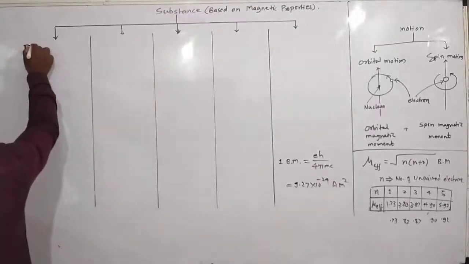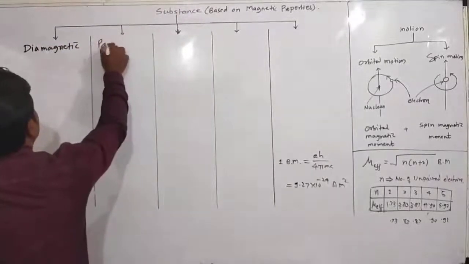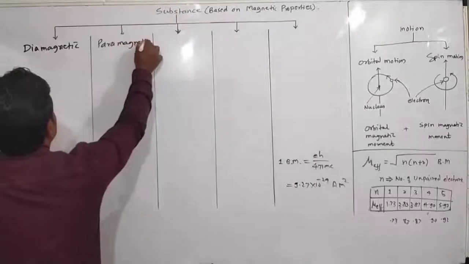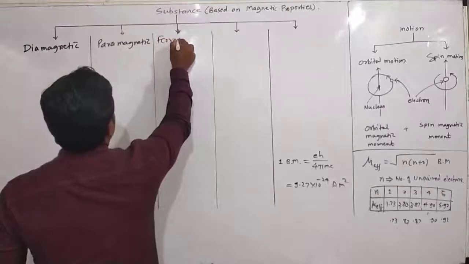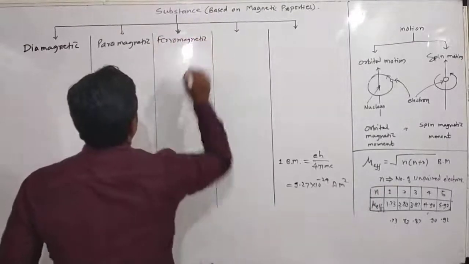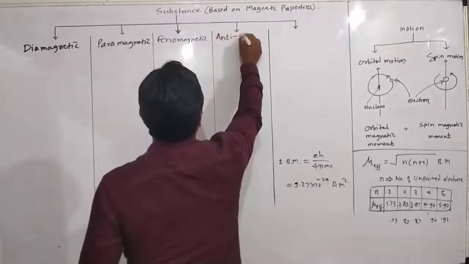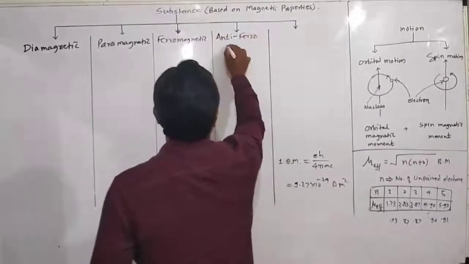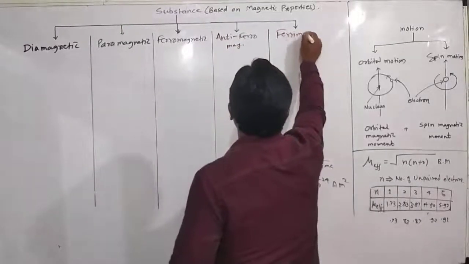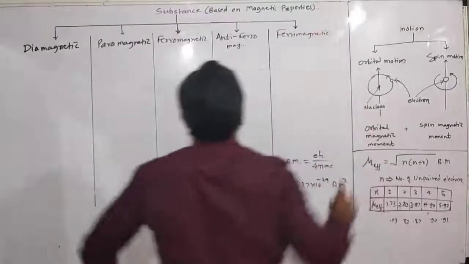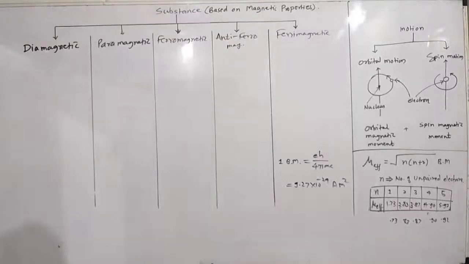Number one is diamagnetic, number two is paramagnetic, number three is ferromagnetic, then antiferromagnetic, and the last one is ferrimagnetic. So these are 5 different types of substances on the basis of magnetic properties.